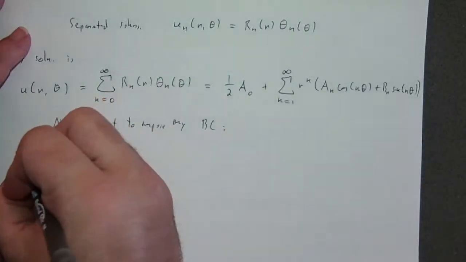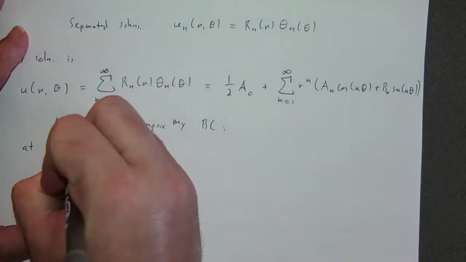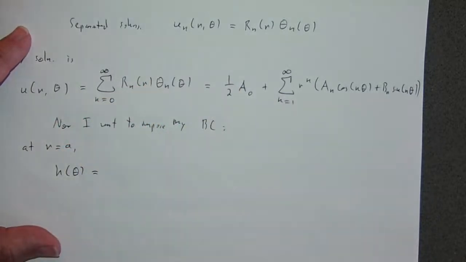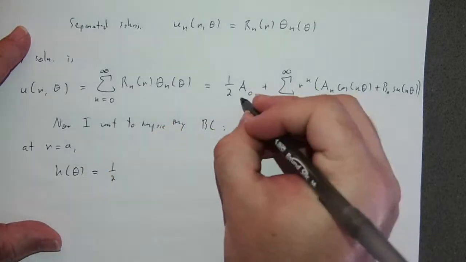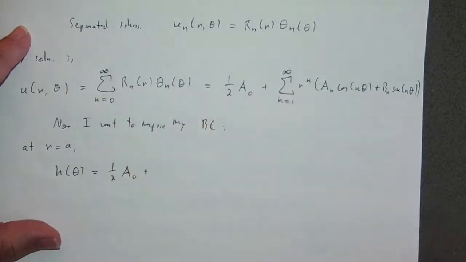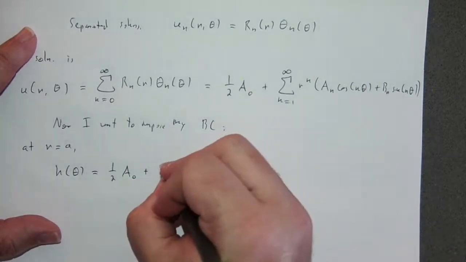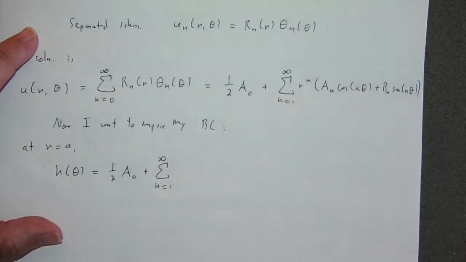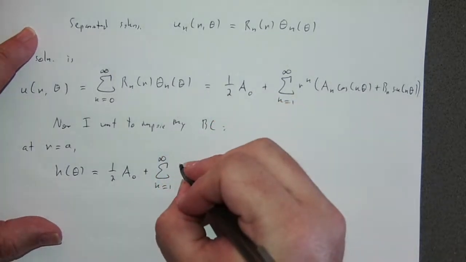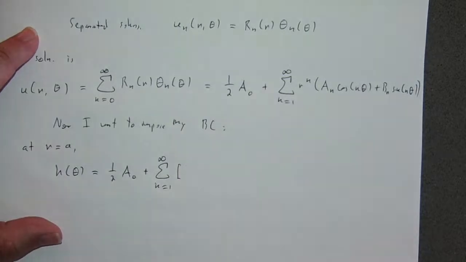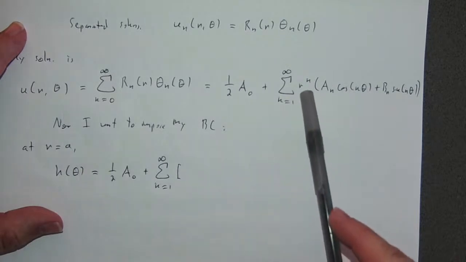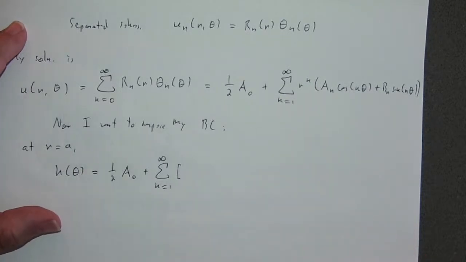So at r equals a, h of theta should be equal to 1/2 a naught plus the sum from n equals 1 to infinity of, if r is equal to a, this is going to be a to the n incorporated here.